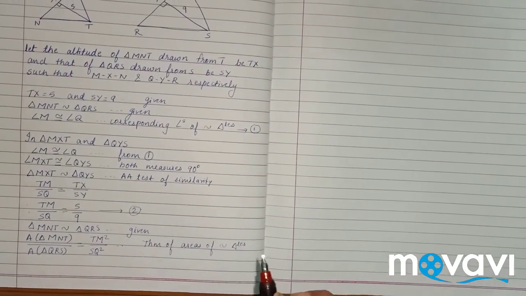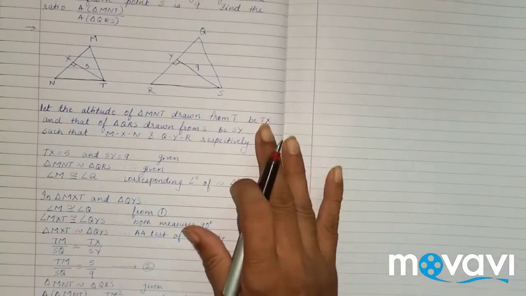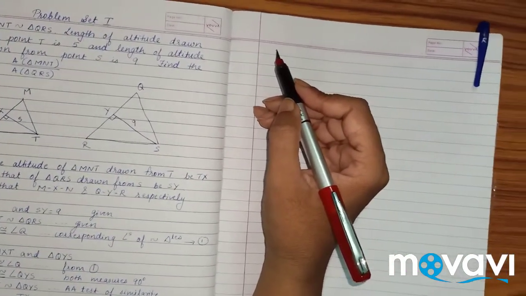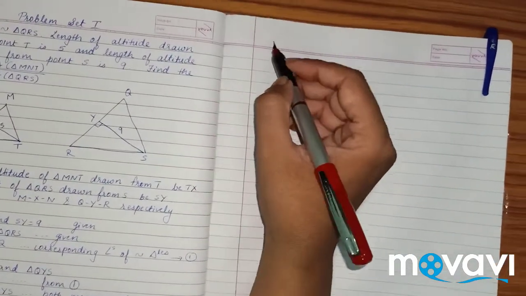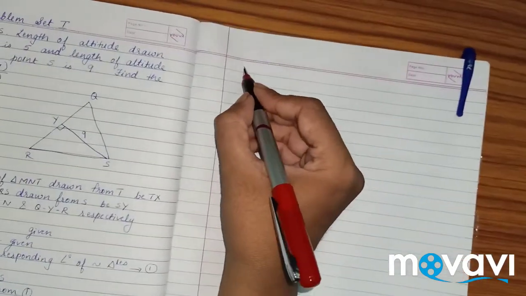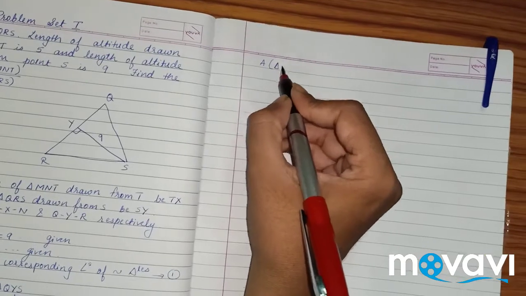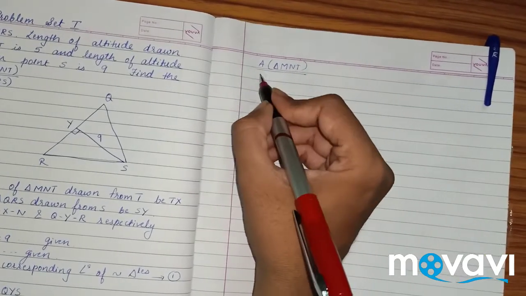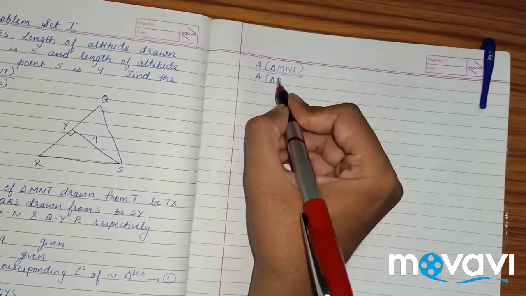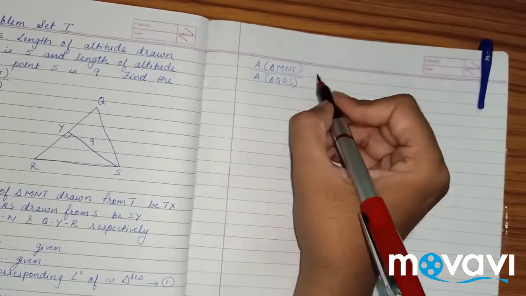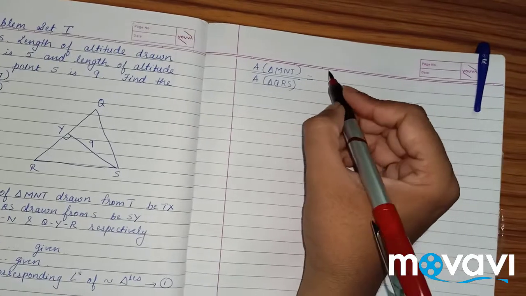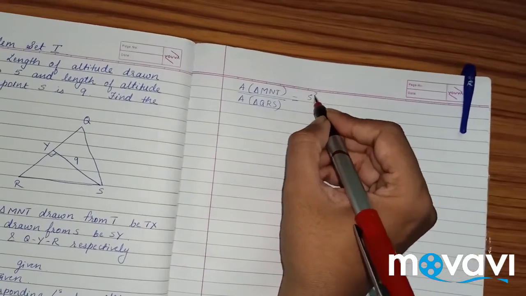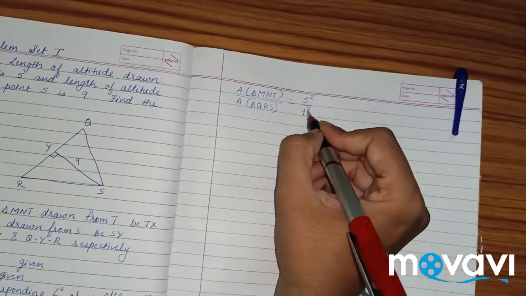Now if it is so, I will substitute the values. I'll have to write the reason. I'll write it once again here. Area of triangle MNT upon area of triangle QRS is equal to, now instead of TM upon SQ, I'll write 5 square upon 9 square.